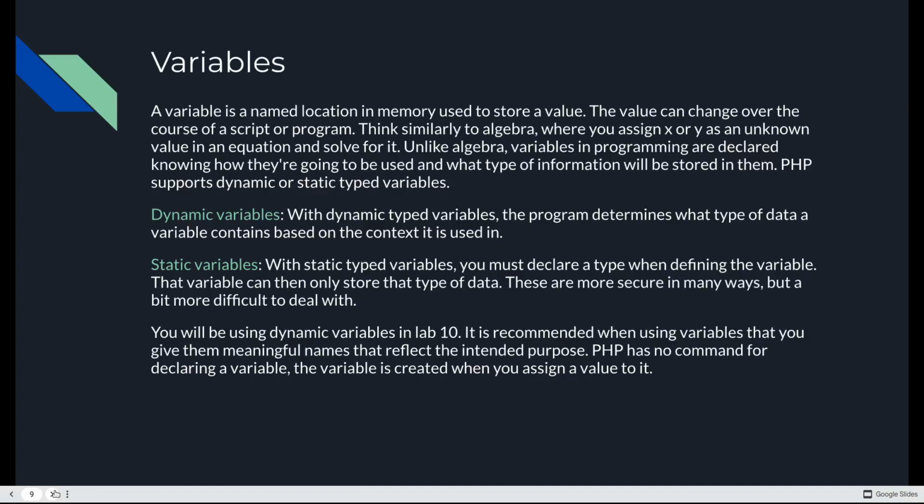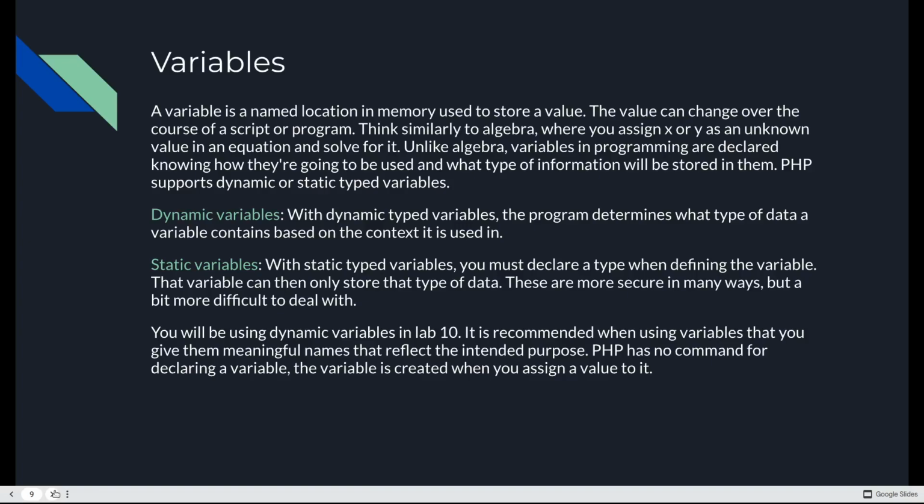It's more secure in a lot of ways, but it's more difficult to deal with. We're going to use dynamic variables because it's just simpler, and I prefer dynamic type variables anyway. I'm teaching this stuff, right? I'm not a programmer. My background is network administration. Just a network admin who learned how to program somewhat.